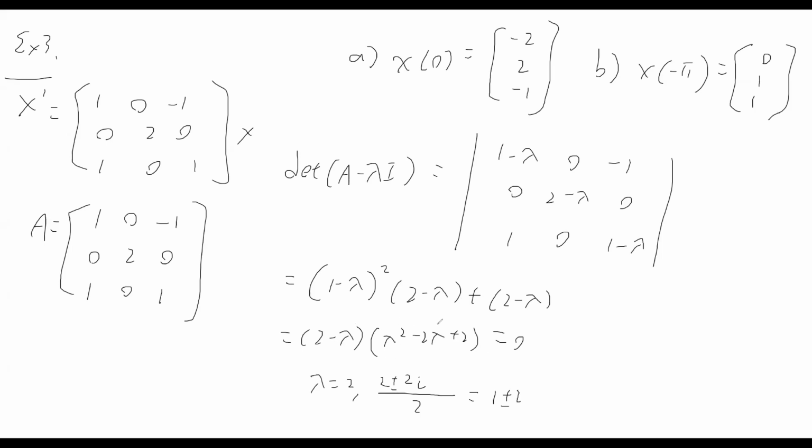When we solve this quadratic part using the quadratic formula, we get 1 plus or minus i. All right, so we have a real eigenvalue and a pair of complex eigenvalues. So first let's look at lambda equal to 2 and try to solve the augmented matrix.